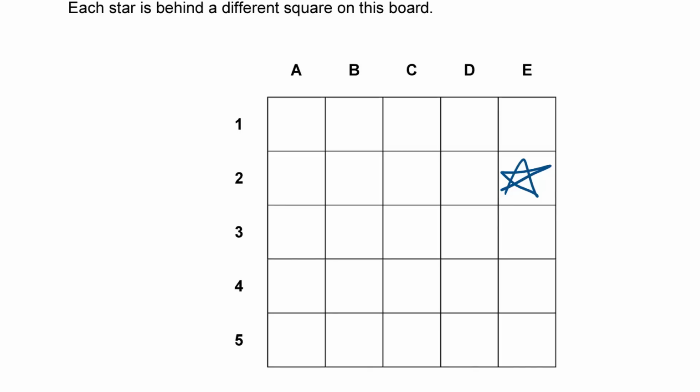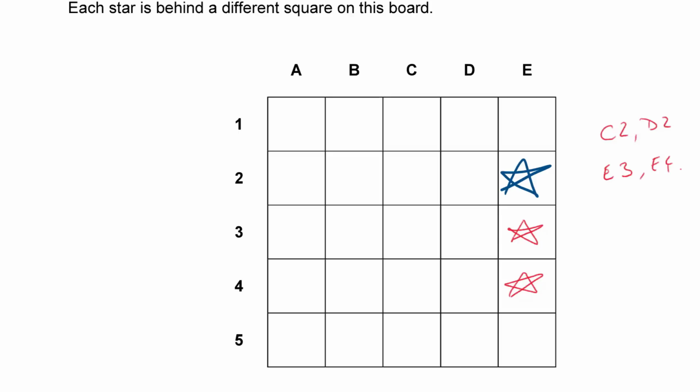Now, if they're consecutive, that means they're all in a row. So they could be there, like that. So that's one possibility. So they could be in C2 and D2. Or they might be this way, in which case they would be in E3 and E4.